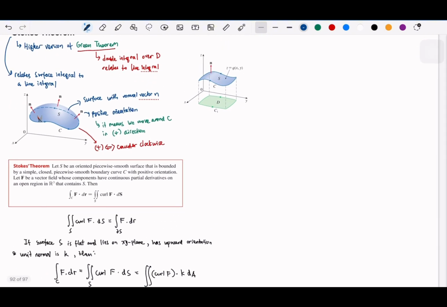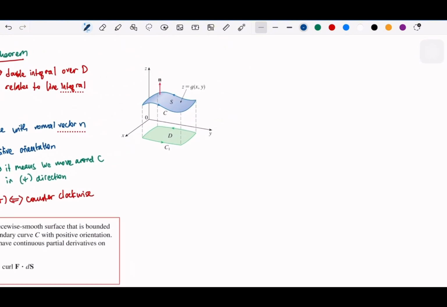Assume, so let me write here first, that the surface S is defined by the equation z equals g(x, y). Just a normal equation.